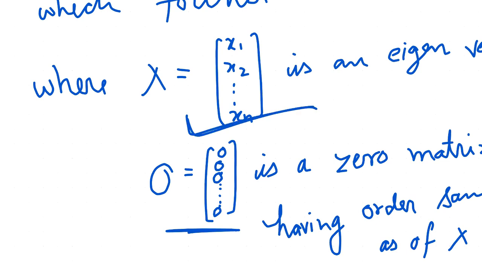If we have three elements in x, then we will have three zeros here. If we have two elements, then we will have two zeros. Are you getting me?